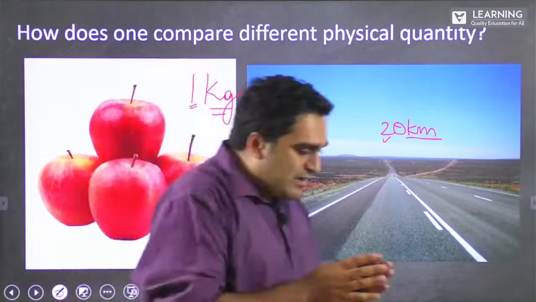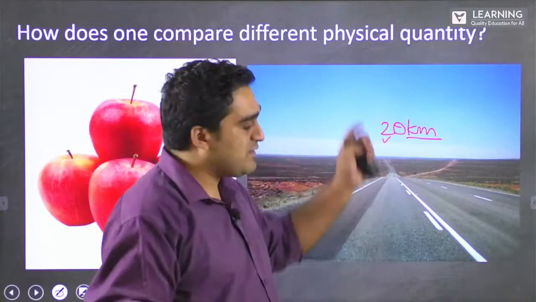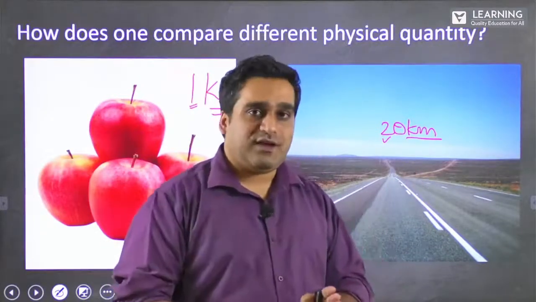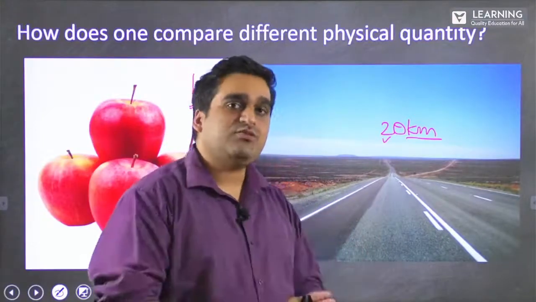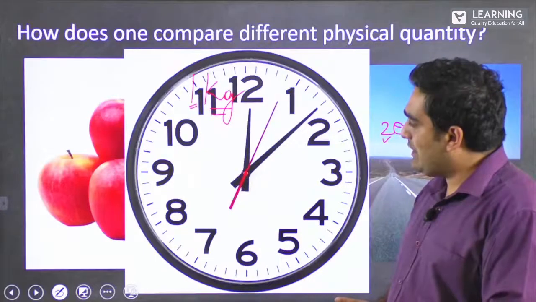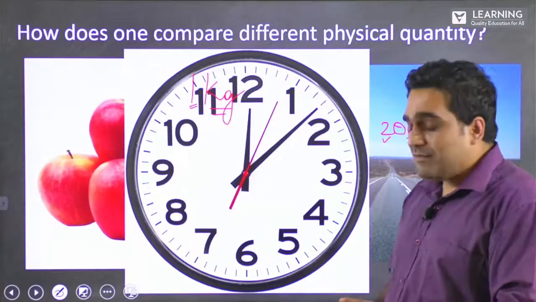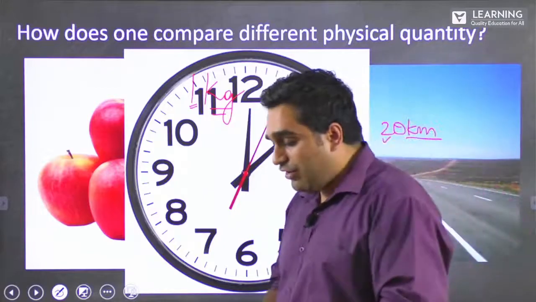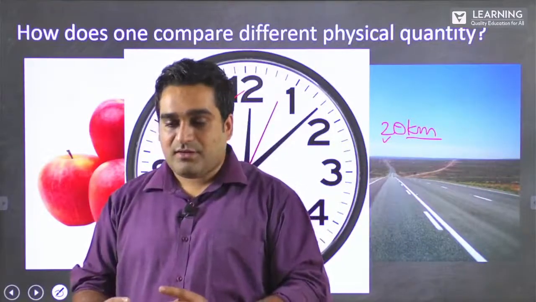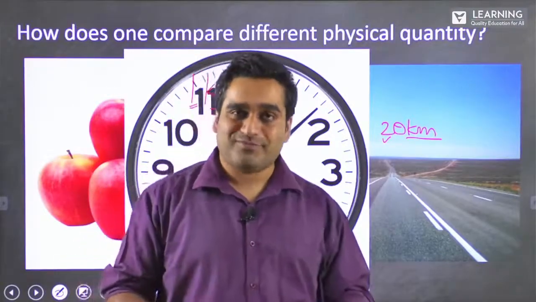So you take a given physical quantity, and then you try to quantify it, meaning you break it down into certain values. Similarly, an example is time. We do not have a clock or a watch that is given to us from above.